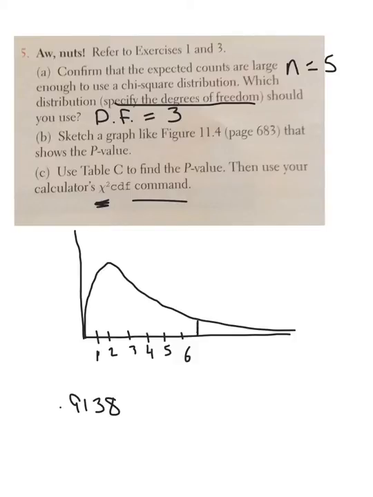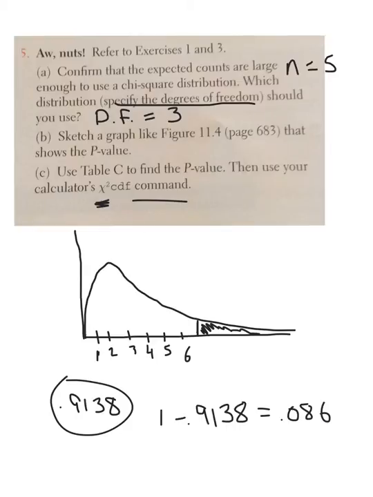So if we look at our graph, 6.59 is like this, and we want to say, what's the probability that we're that much off or more? This, again, tells us the area to the left, over on this side. So we're going to subtract that from 1. And we get our p-value, which is 0.086.